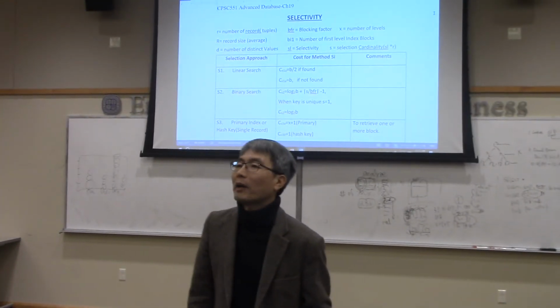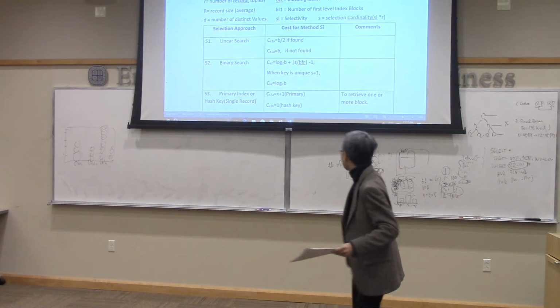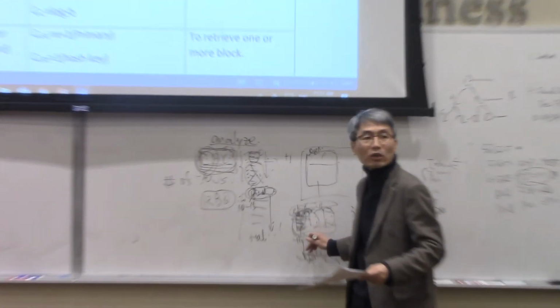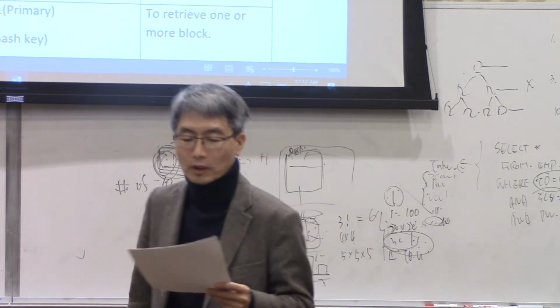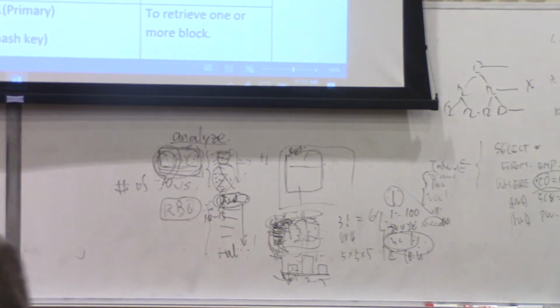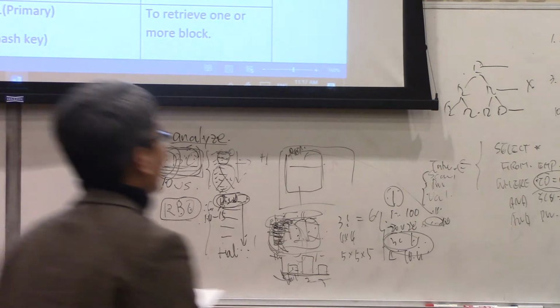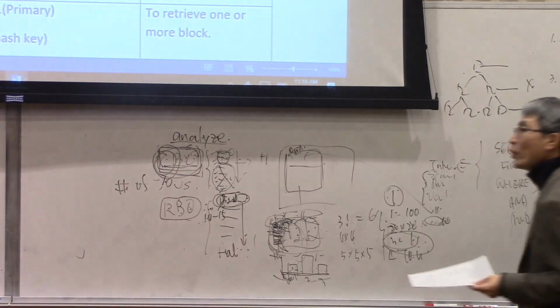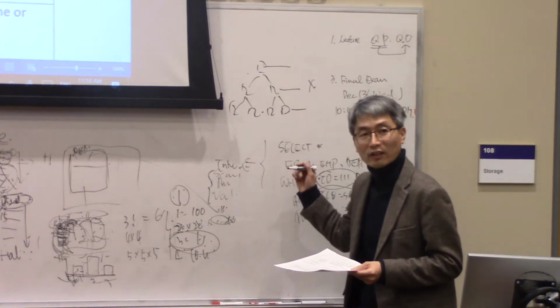How do we know the average? That is one of the jobs when you collect the information, calculating the average size of the length. And BL1 is the number of first level index blocks. What does it mean? In the secondary index, B-tree index, when you access the data sequentially, it's a range query.